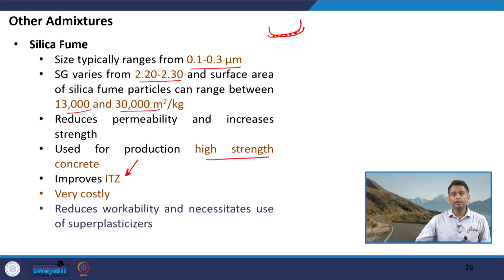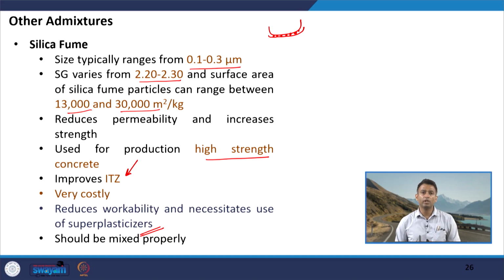Another problem related to silica fume is, because it consumes a lot of water, the water demand is very high, it has a tendency to reduce the workability, and therefore, whenever we are using silica fume, there is a necessity to use superplasticizers, which are a type of product that is used to improve the workability in case of concrete production. We will discuss superplasticizers in further slides.